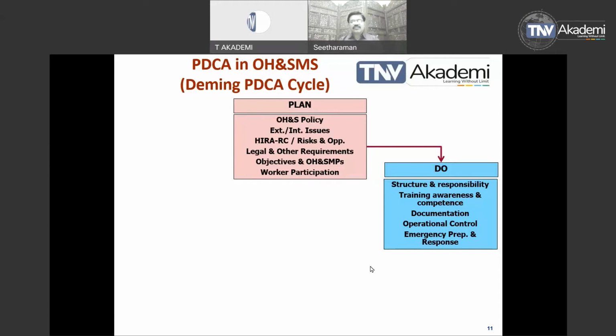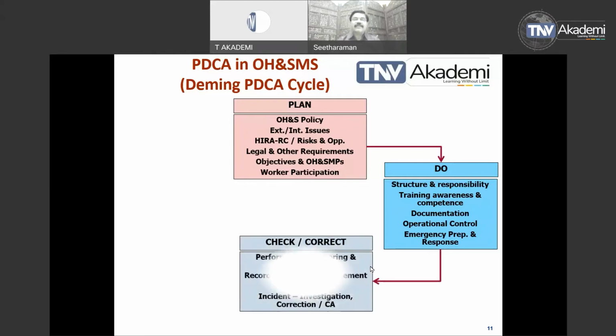So in case of a real emergency like an accident or fire, how to evacuate people quickly and in an orderly manner so that there is no panic and stampede happening in the organization. That's why emergency preparedness and response is very effective in preparing or perfecting our response in case of a real emergency. So these are the action points we do.